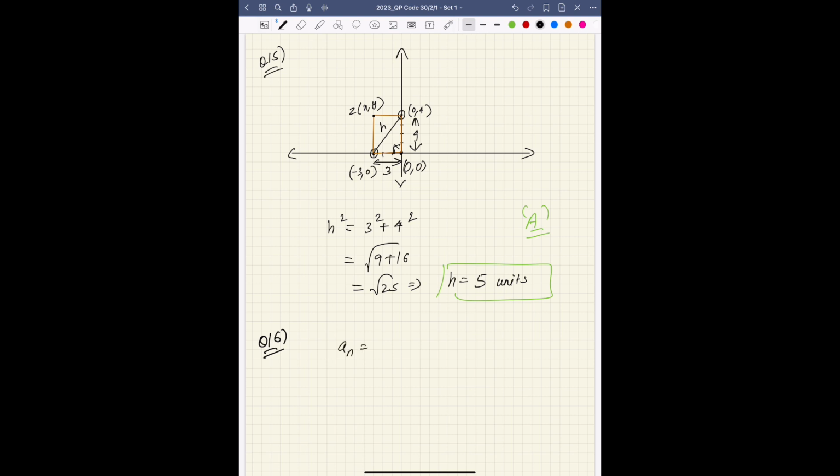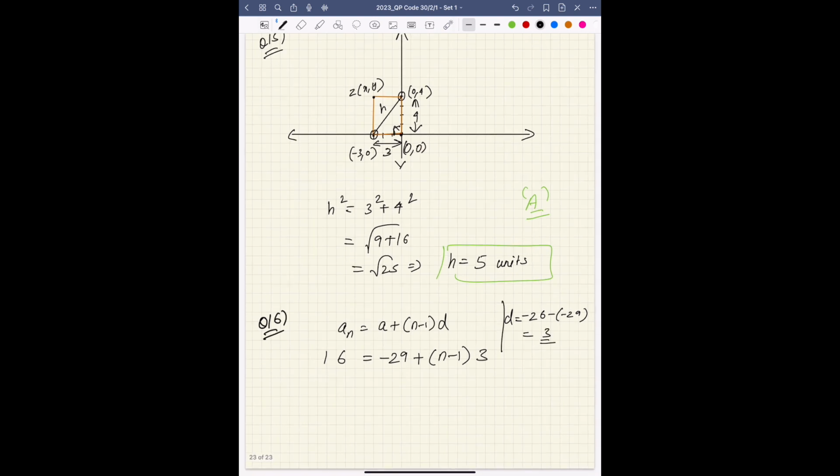So an is equals to a plus n minus 1 times d. An is nothing but the term. So it is 16. A is minus 29. n we have to find, and difference is plus 3. It's not minus 3. Minus 26 minus of minus 29 will give you plus 3.